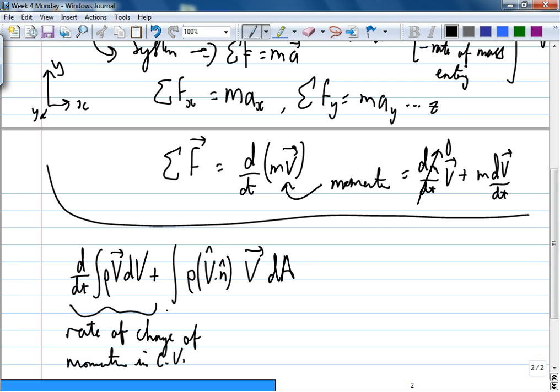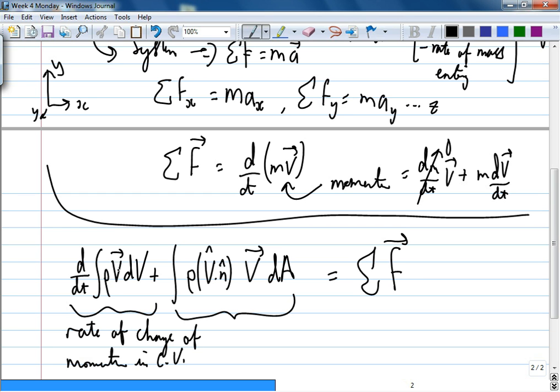So this equals the sum of the forces. Force is also a vector. Previously, for the system, you just had to worry about the force and the change in momentum: the sum of forces is ma.